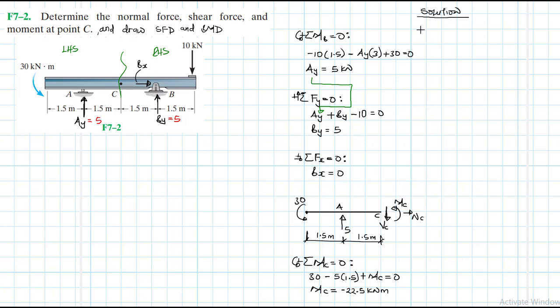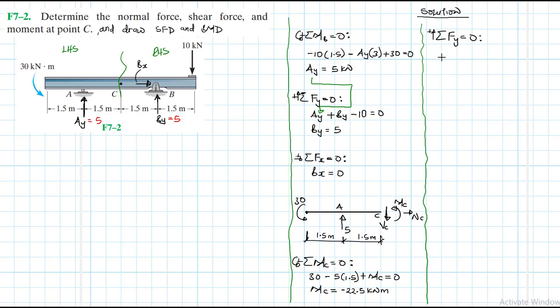Okay, so let's move on to the other side. Let me also draw something there. We have summation of forces in the Y equal to 0, going up being our reference.